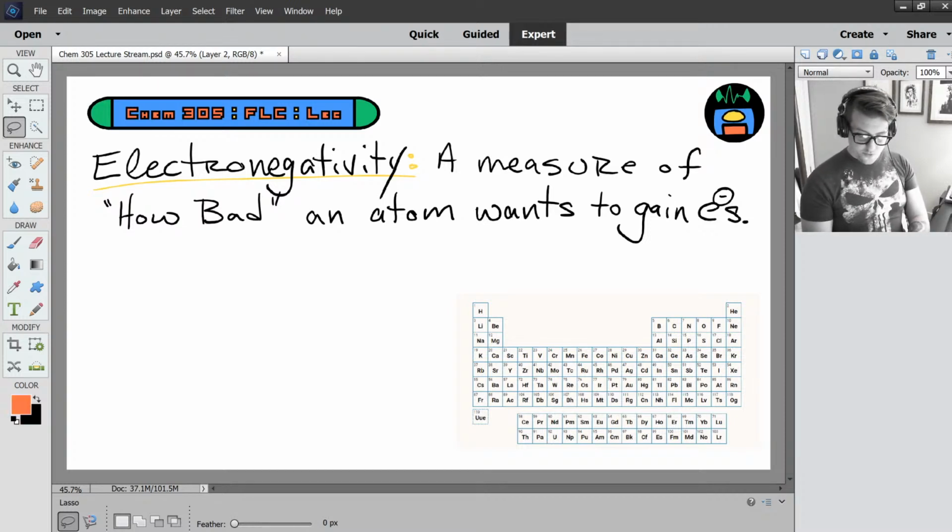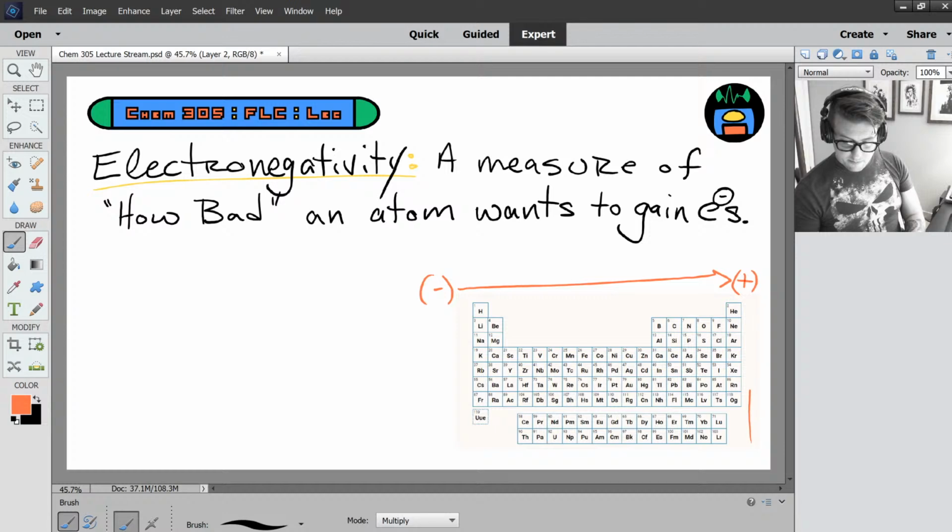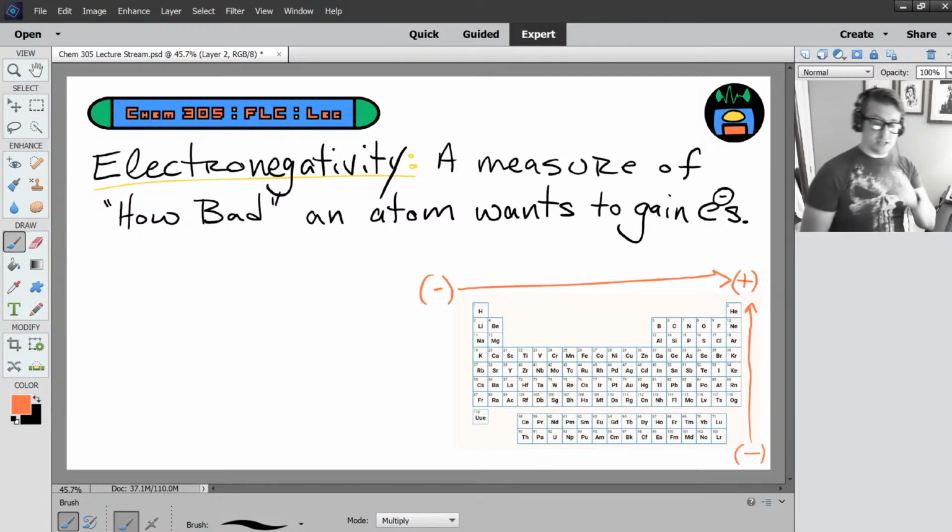As you move from the left side of the periodic table to the right side, your electronegativity increases. So the further to the right you are, the more electronegative you are. And as you move from the bottom of the periodic table to the top, electronegativity of an element also increases.